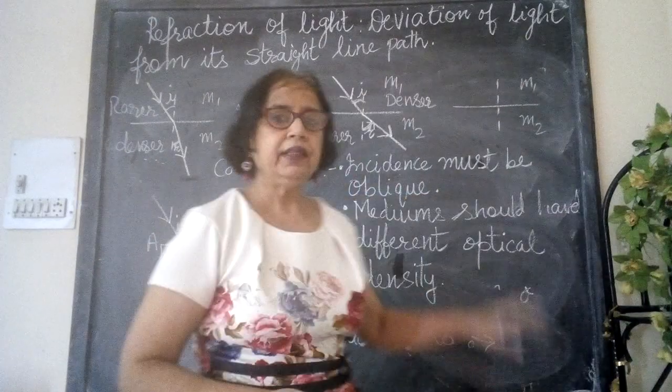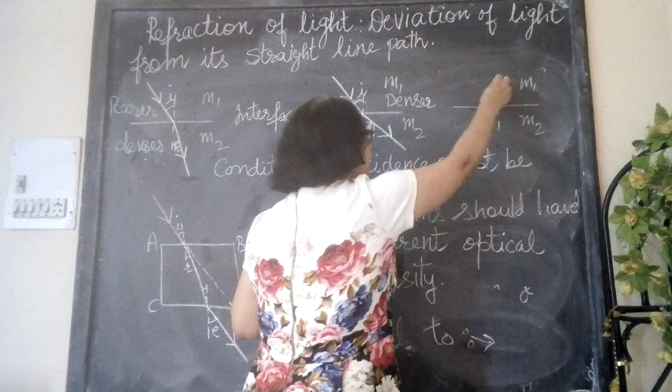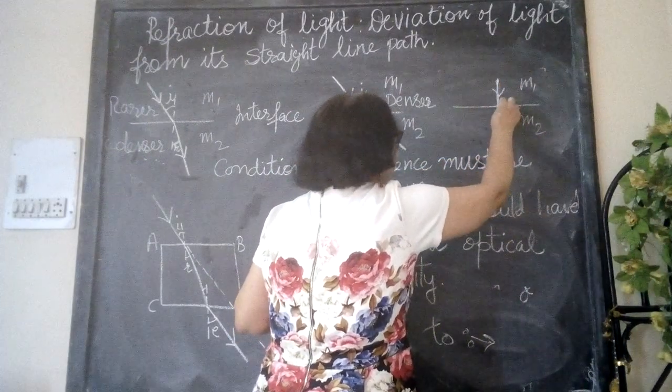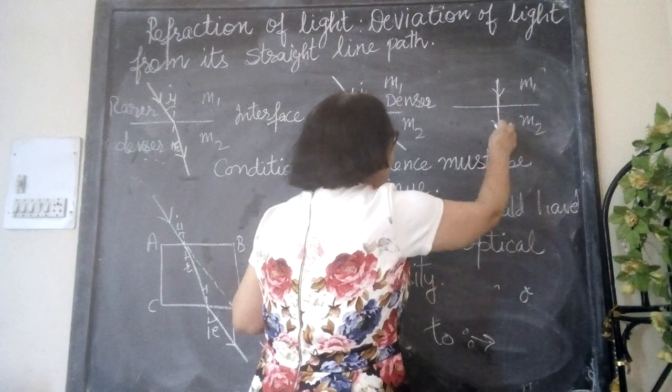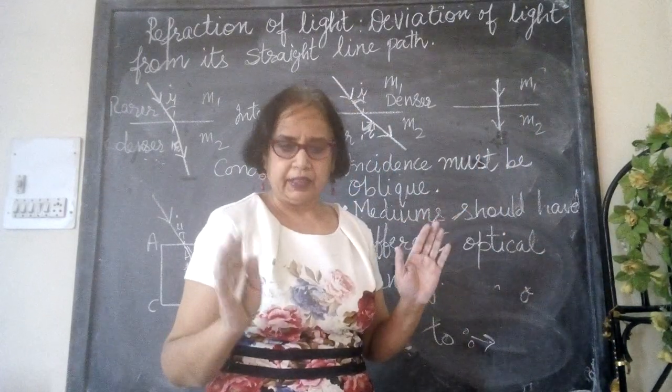Okay? Now in this case, we see this is the normal and this is the incident ray. That is, the incidence is normal, so it follows the same path, so there is no refraction.